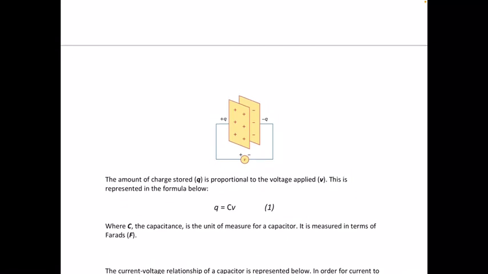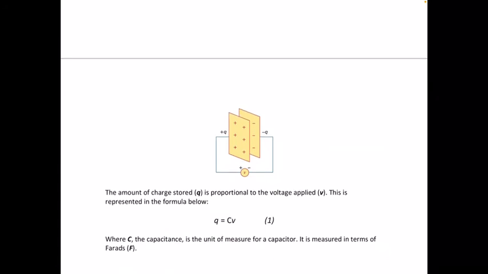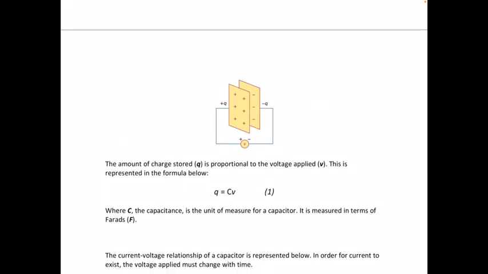The amount of charge stored in this capacitor is proportional to the voltage applied, meaning that the higher the voltage, the higher is the charge stored. This is represented in the formula below. We have charge represented by Q and voltage represented by V, and then the C would become the constant of proportionality, which is the capacitance, which is the unit of measure for a capacitor.